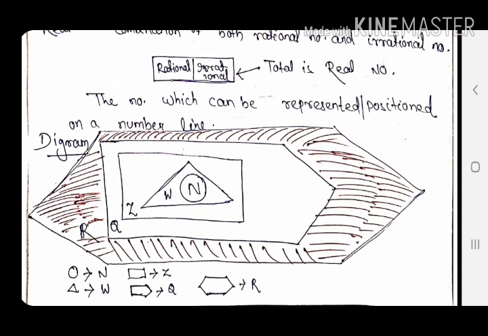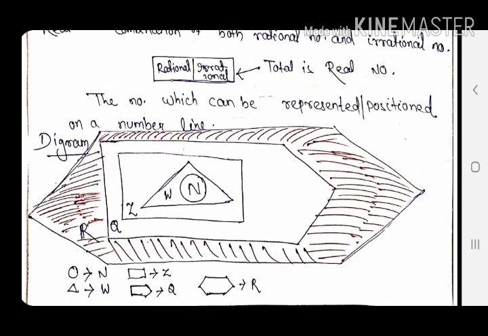Okay. So next is rational numbers. A rational number is any number in the form of p by q. All the natural numbers we can represent in the form of p by q. All the negative numbers we can also represent in the form of p by q. 0 is also a rational number because 0 equals 0 by 1. 0 is an integer, 1 is an integer.